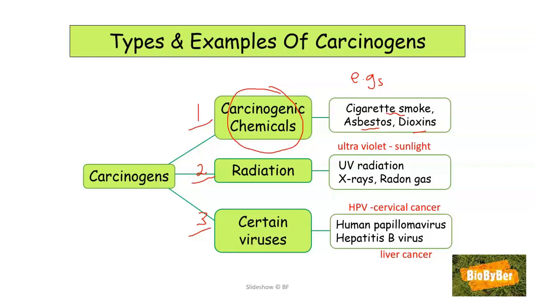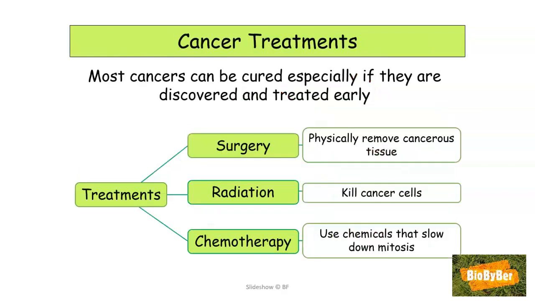That is because you picked two examples, cigarette smoke and asbestos, of carcinogenic chemicals. So therefore, you've really only given one type of carcinogen. So be very careful of this point in exams.